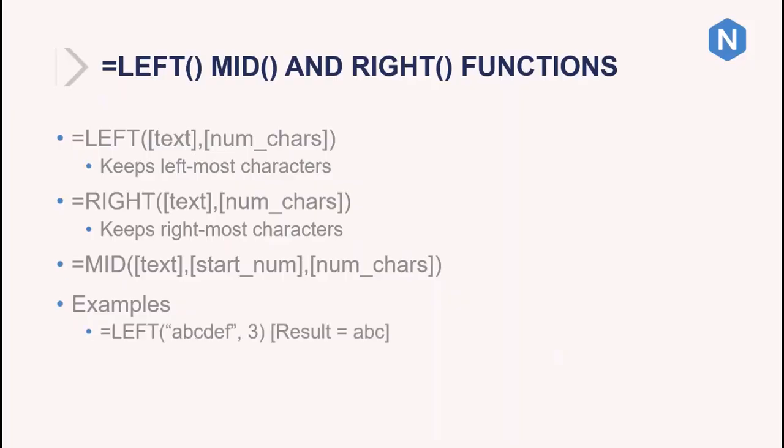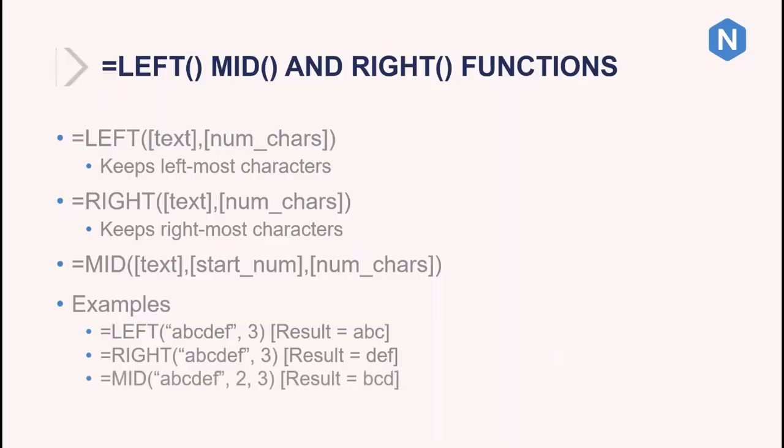So an example would be if I tell it A, B, C, D, E, F in Excel, and then I say keep 3, it'll keep ABC. That string is what it returns back to me. Or if I say RIGHT, same thing, A, B, C, D, E, F, 3, it'll keep D, E, F. Or if I say MID, A, B, C, D, E, F, start at number 2 and keep 3 letters, it keeps B, C, D. It starts at the second letter, which is B, and keeps 3 letters, B, C, D. That's how that particular function works.